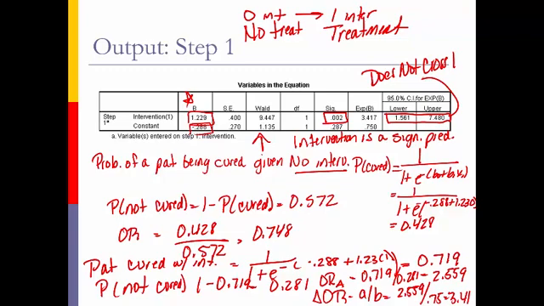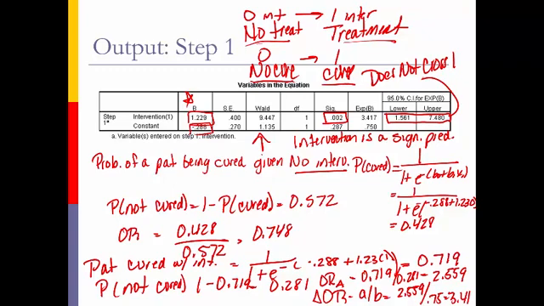So for that outcome coding variable, we also have to look back and say, well, what did that mean? The outcome coding value was 0, no cure, to 1, cured. So as we move from no treatment to treatment, we are predicting that the odds of the outcome moving from no cure to cure is also increasing.